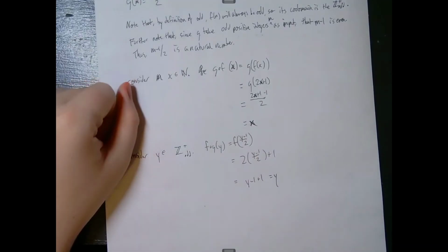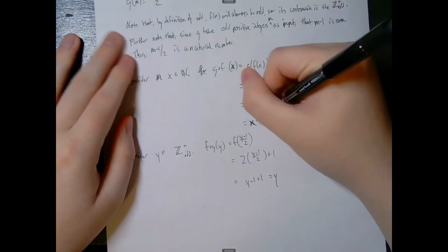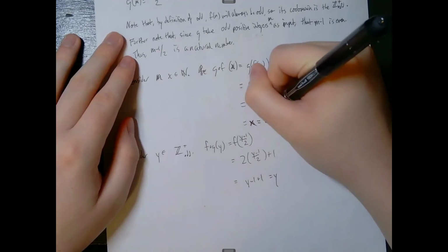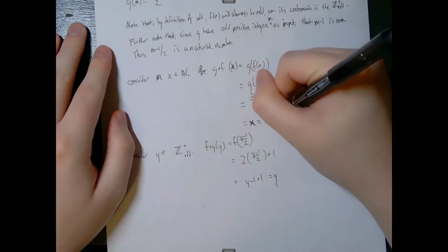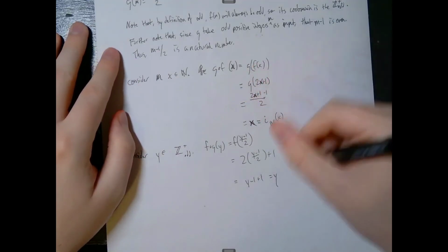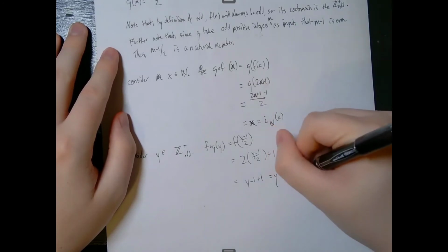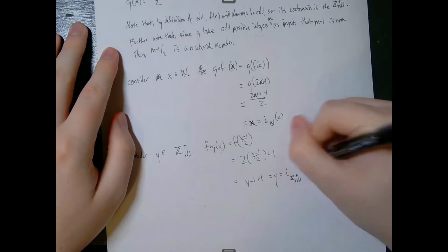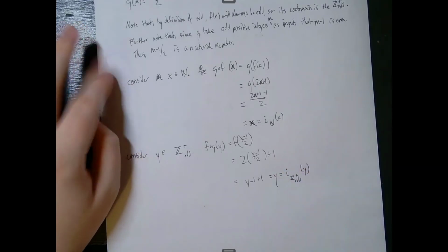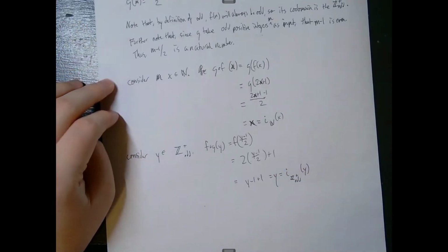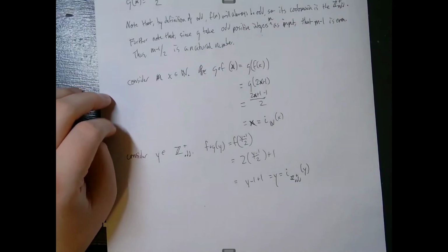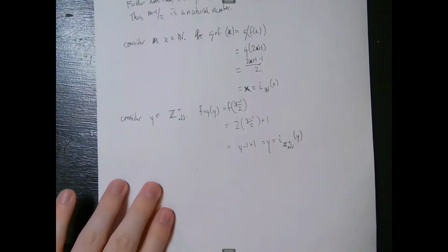And then what I'll do really quick is I'll actually say that this is equal to the identity map over the natural numbers of x, and that this is equal to the identity map over the odd positive integers of y, just to really hammer home that we basically have satisfied the conditions for f and g to be bijections.